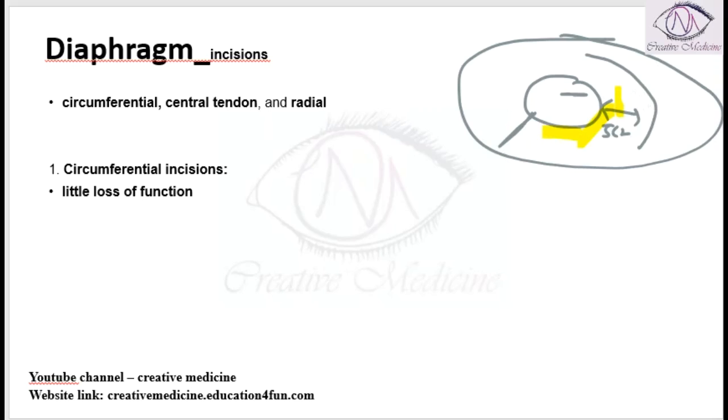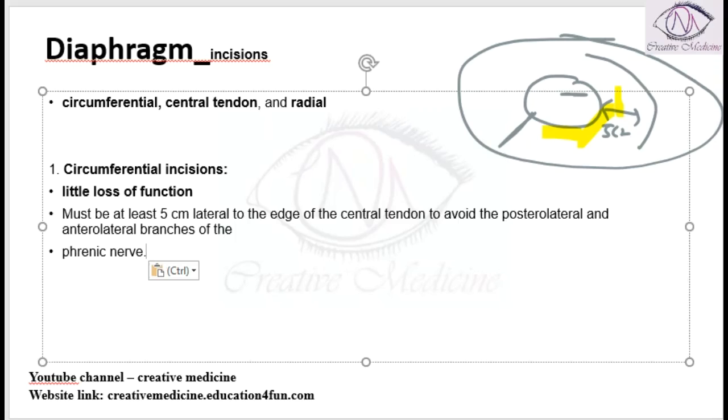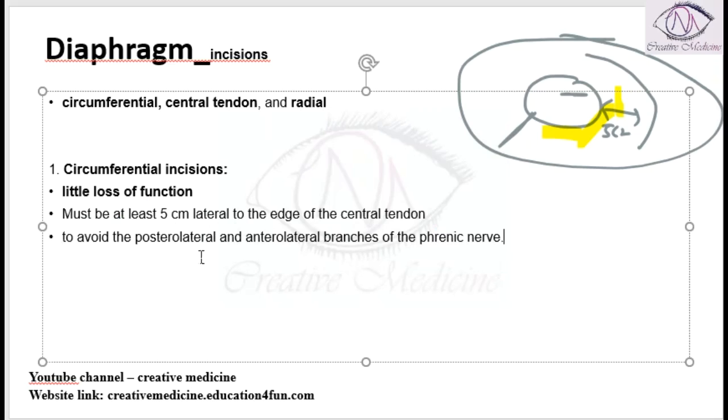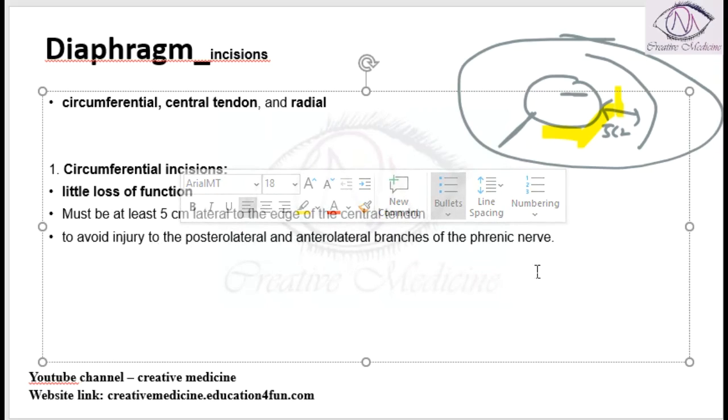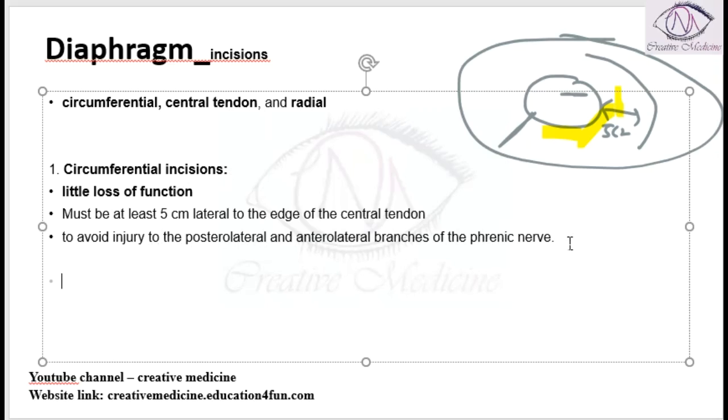So always put the circumferential incision at least 5 centimeters lateral to the edge of the central tendon, to avoid injury to the posterolateral and anterolateral branches of the phrenic nerve.